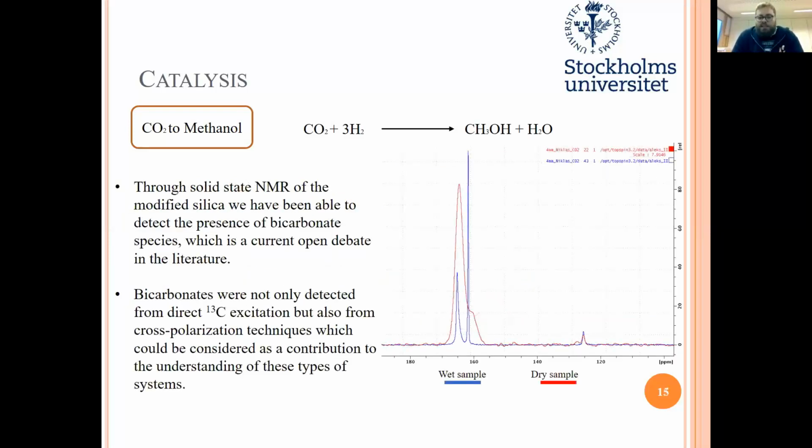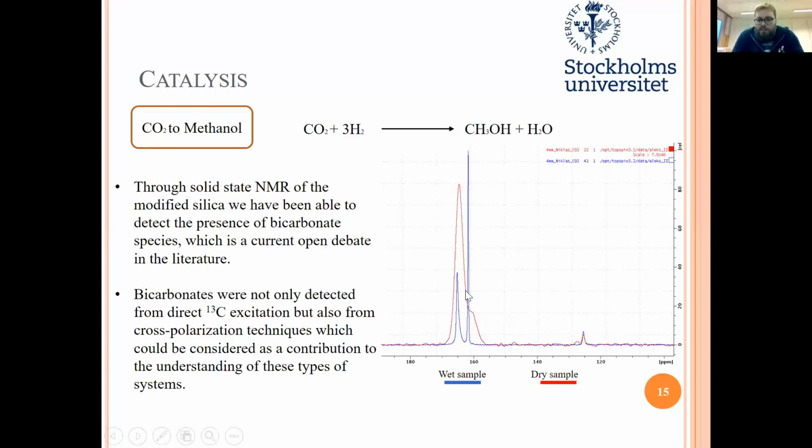Another study we did is going more into the fundamentals of the material. We used solid state NMR on the modified silica without the ruthenium to try and understand how the CO2 is adsorbed into the material. In this image, we can see two spectra.